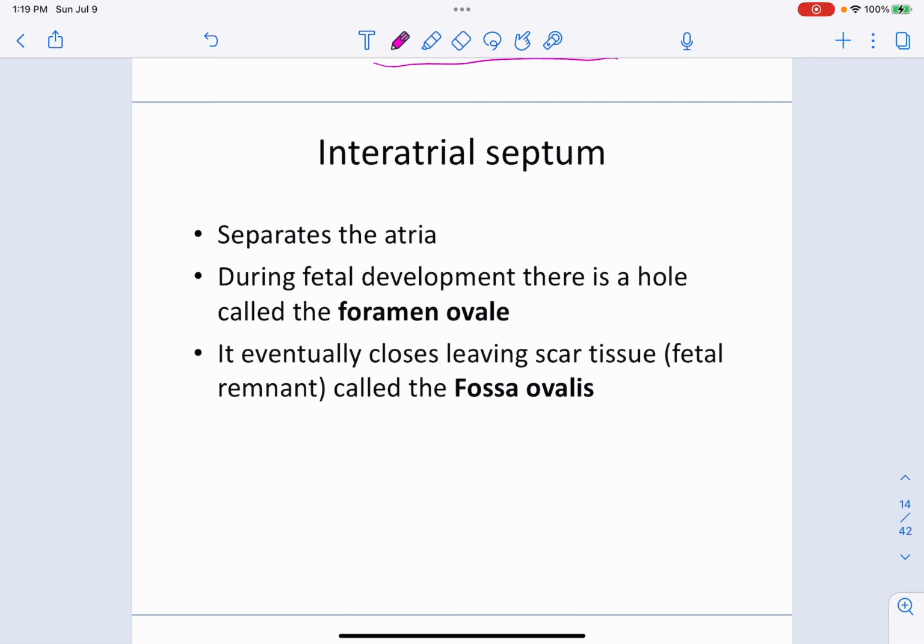As soon as you take your first breath after being delivered, that hole closes and becomes scar tissue. And that scar tissue is called the fossa ovalis. You can see the fossa ovalis on many of the heart models that we have in the lab. So again, it starts out as a hole, the foramen ovale, and then it closes up.